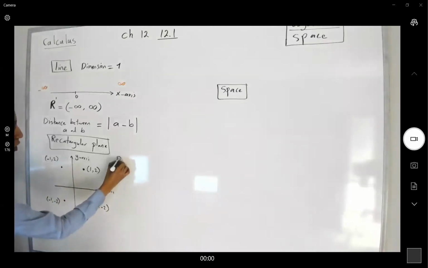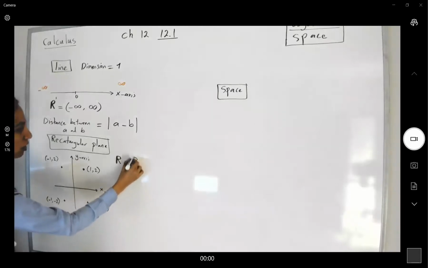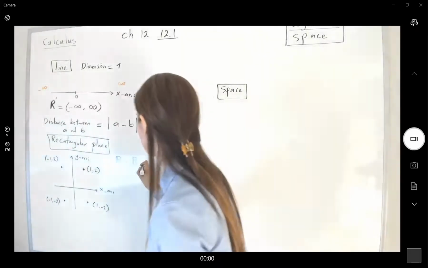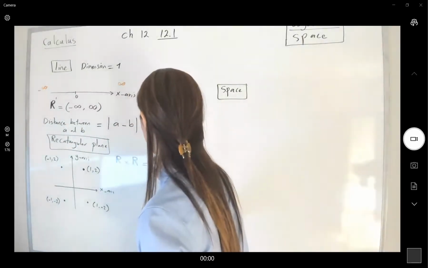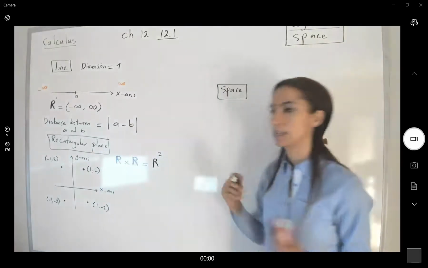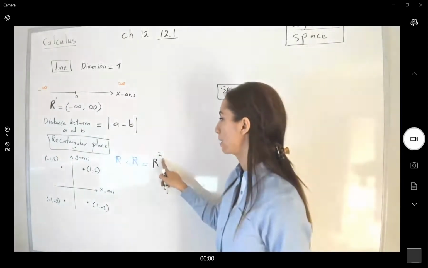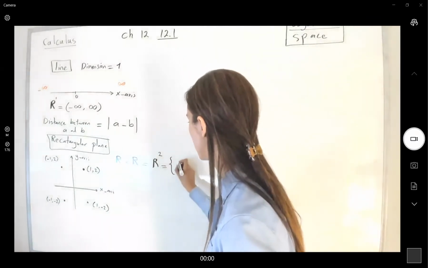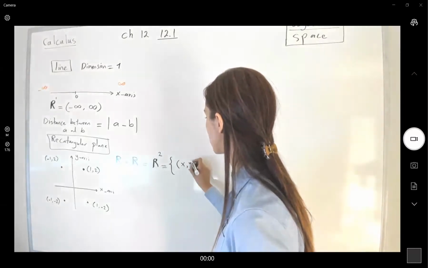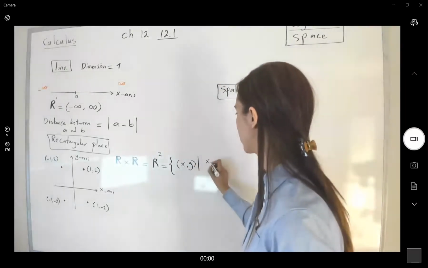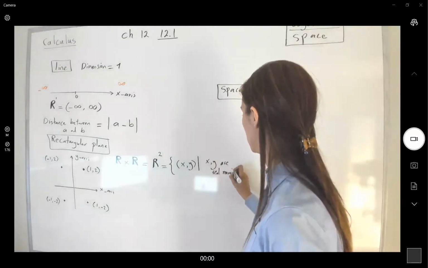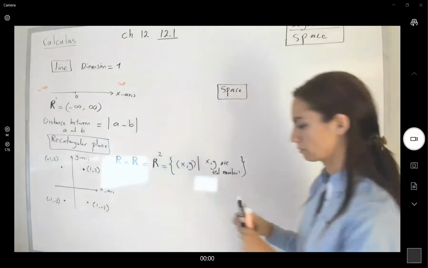We say we have R Cartesian product with R, and we denote it by R to the power 2. Again, this is informal. R to power 2, it's informal. It shows that the dimension is equal to 2, and it is defined this way. The set of all points, x and y, such that x and y are real numbers. So we read it this way.